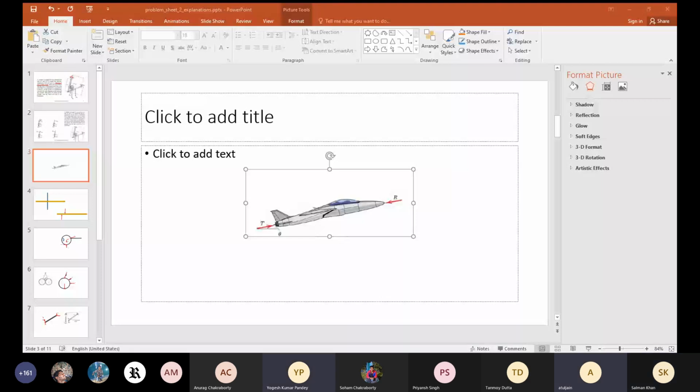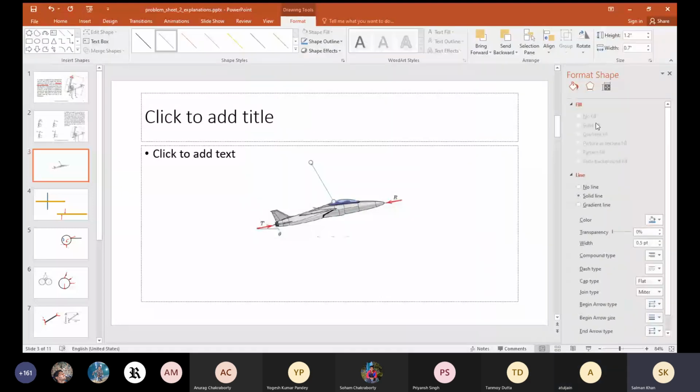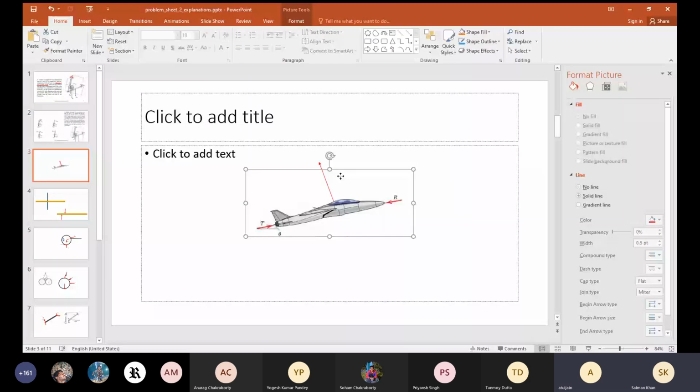Is this visible? Yes, sir. Now, what are the forces that are going to act? There should be a lift which is perpendicular to the plane, and there should be a weight which is downward.